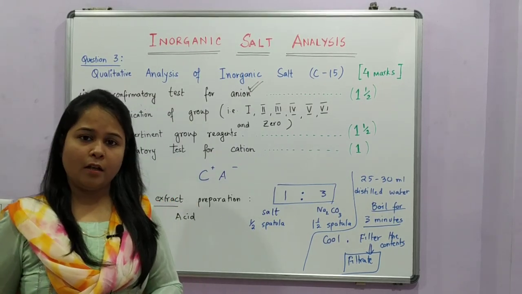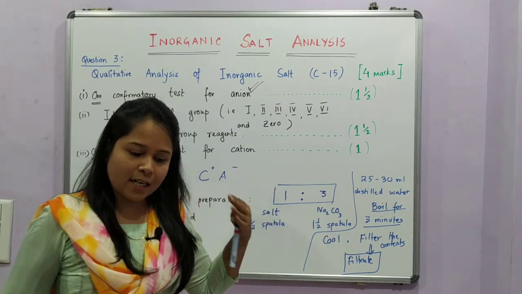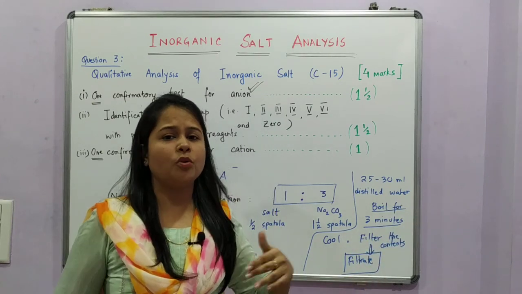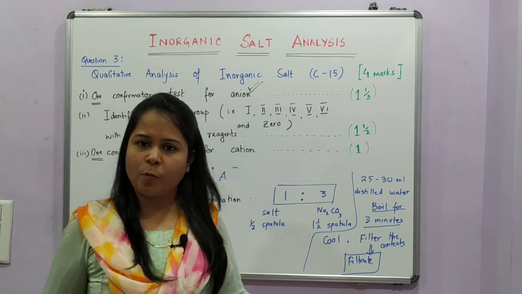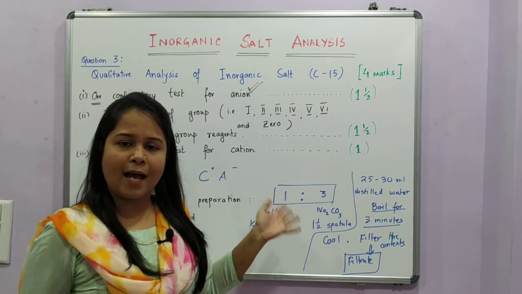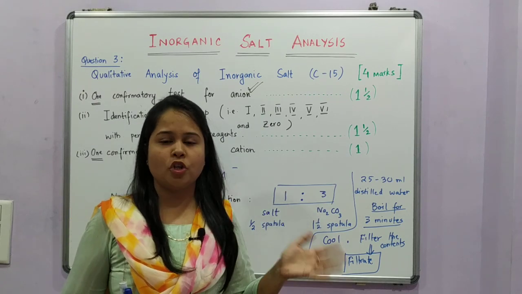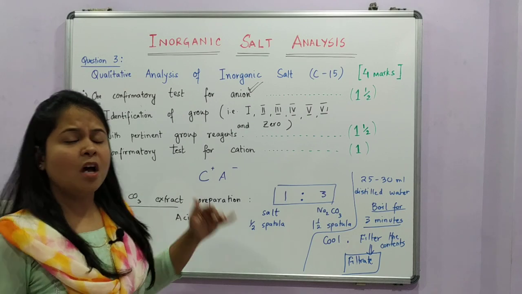So this entire filtrate that you get, it is advisable that you divide it into 3-4 parts, and with each part you do the corresponding test for the various anions that you are getting as a preliminary test. I am sure you must be doing the preliminary test before you proceed with the confirmatory test.